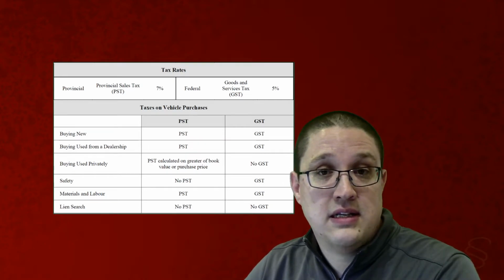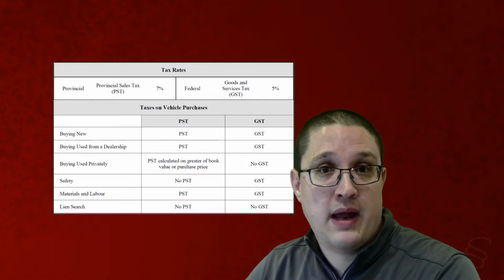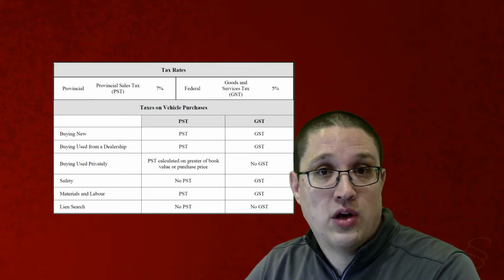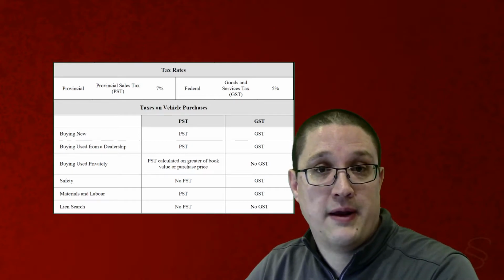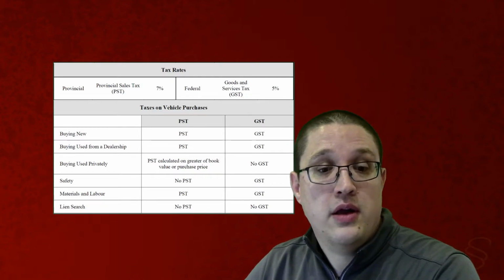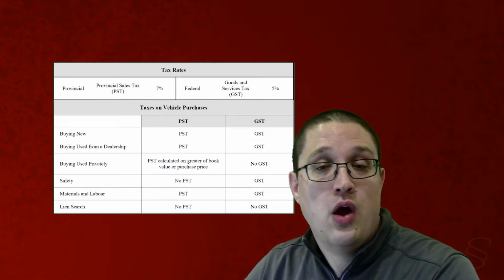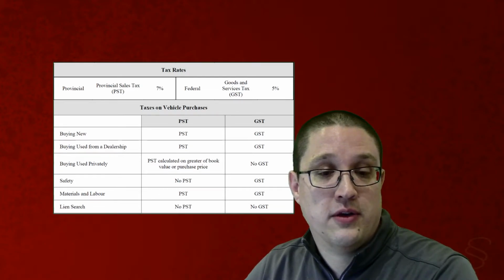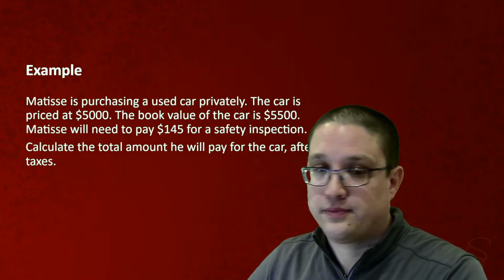However, PST is calculated on the book value or the sale price you paid, whichever is greater. So you will need to look up the book value in order to figure out how much tax you're going to pay. In Manitoba, you pay PST on your used vehicle purchase when you go to insure it at an Autopac or MPI location. Let's take a look at a quick example here.